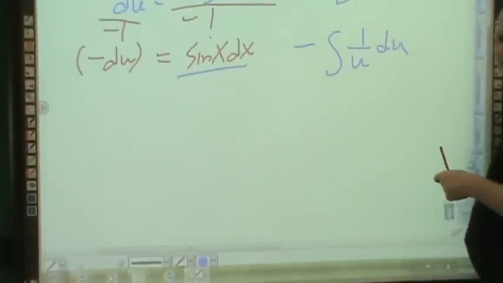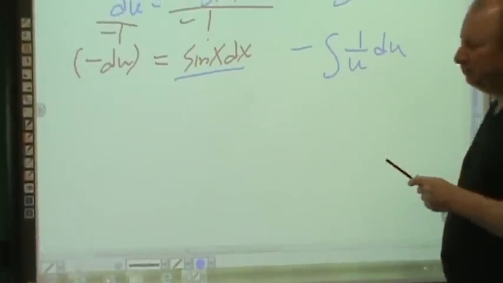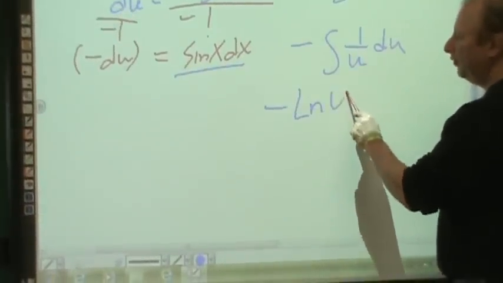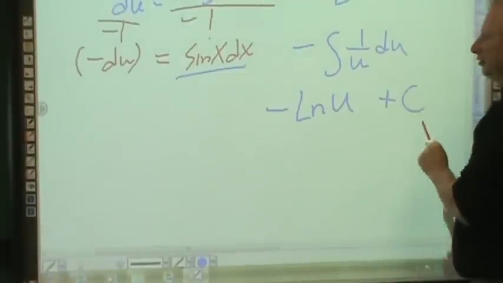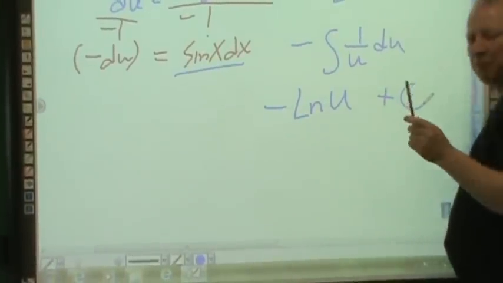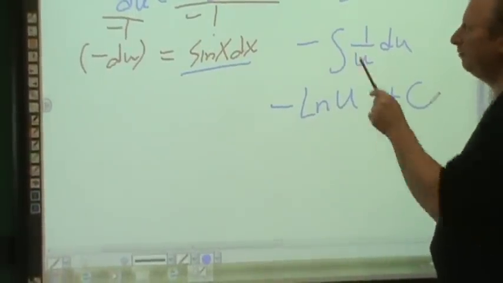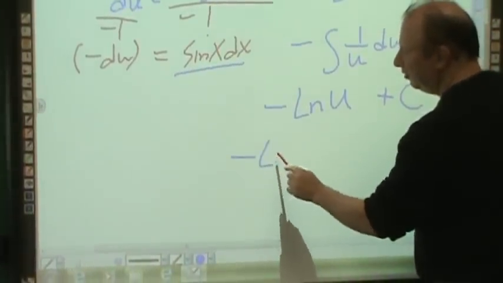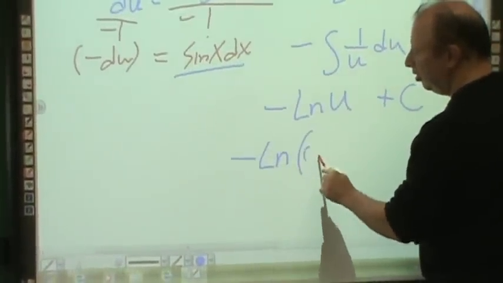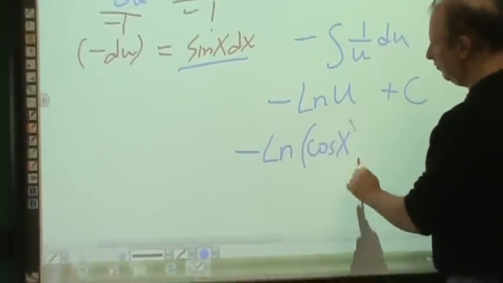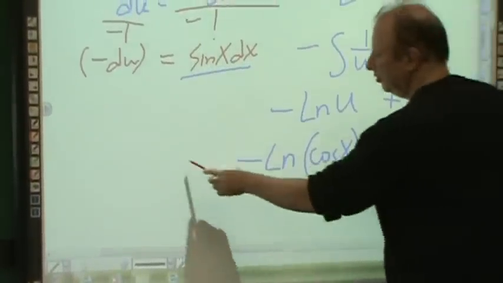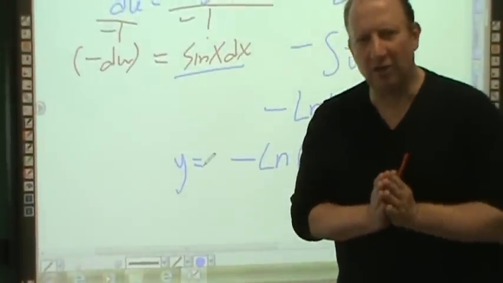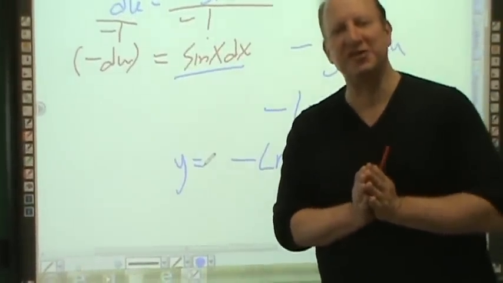And what's the integral of 1 over u du? Log. So natural log of u plus c. But wait a second, what's u again? Cosine x. So negative log cosine x plus c is our integral. And with that, good luck while practicing integration by substitution.